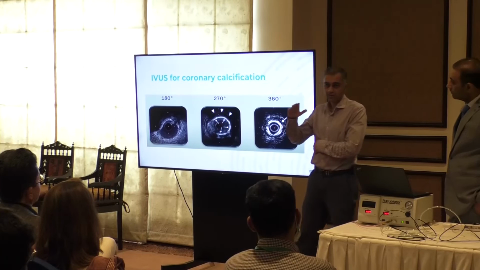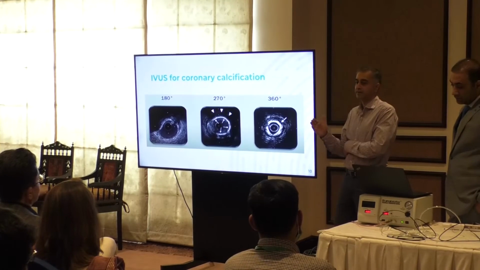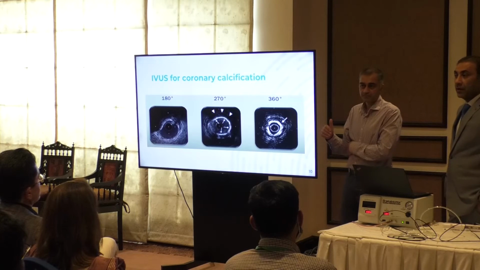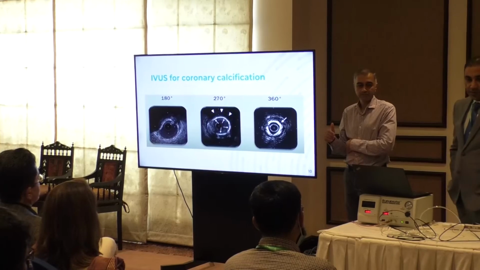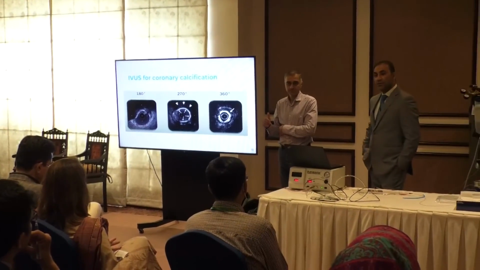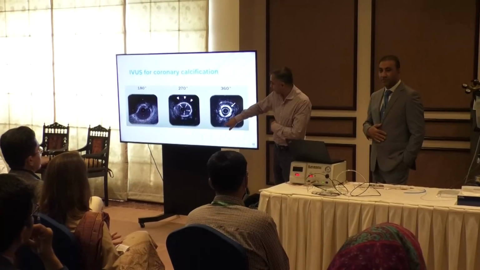That tells you that the calcium is probably thin calcium, not thick calcium. In the presence of superficial calcium, it becomes difficult to say whether the calcium is present or not. But that's an indication for rotablation.